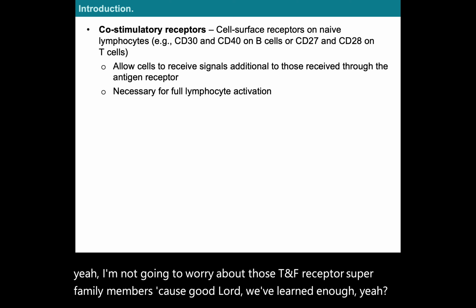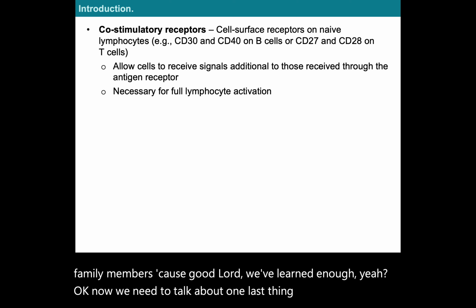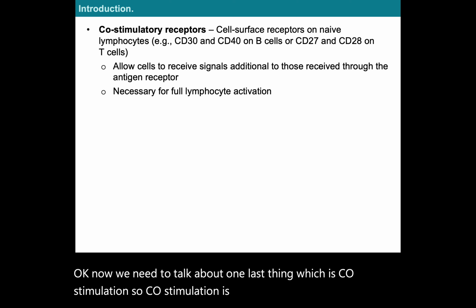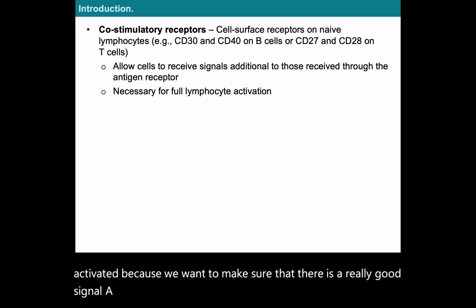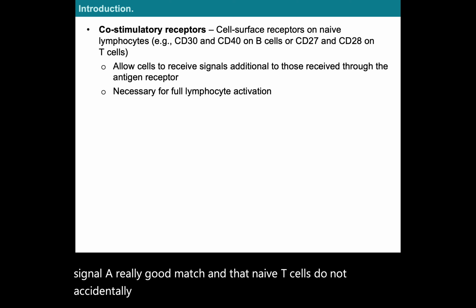Okay, now we need to talk about one last thing, which is co-stimulation. So co-stimulation is important the first time a T cell is activated, because we want to make sure that there is a really good signal, a really good match, and that naive T cells do not accidentally get activated, because there are a lot of T cells around all the time.